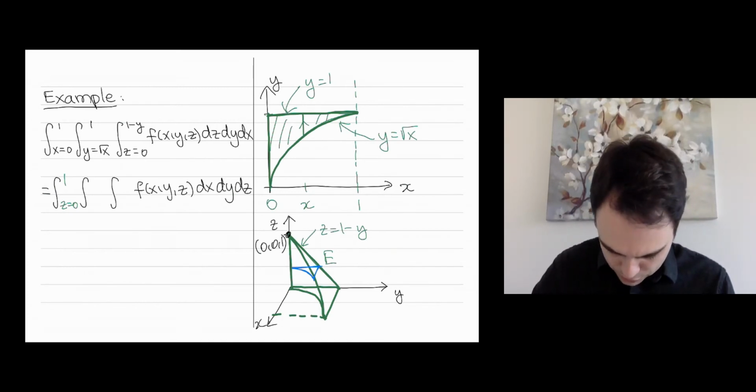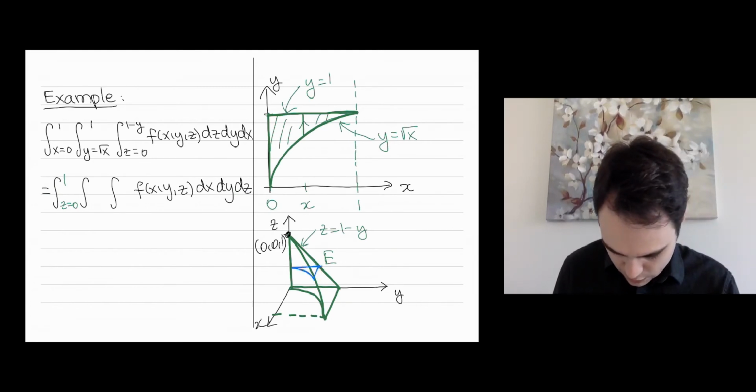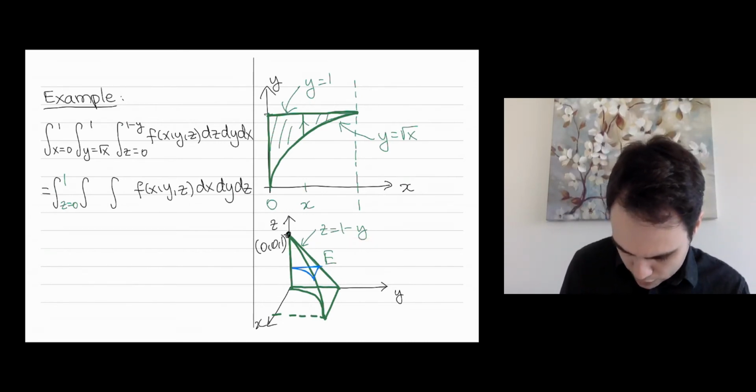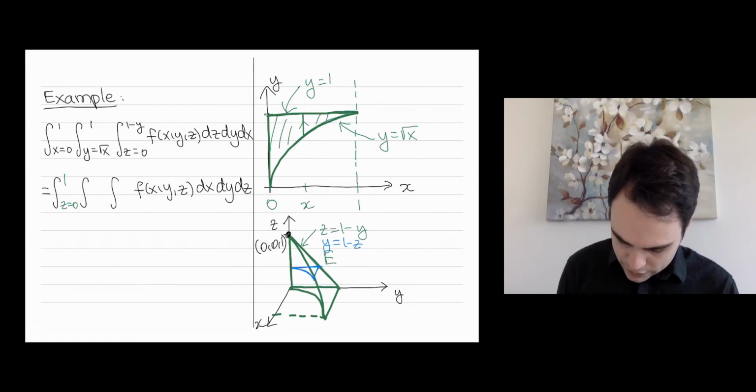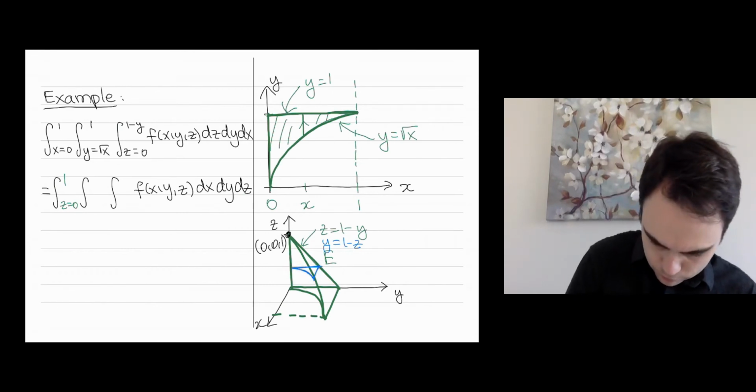For the y integral, on this slice, y starts at 0 and stops here, where y is given by the z value. Let me just rewrite this equation in terms of z. If I move y to the other side and z to the other side, I get the same equation, but with the variables flipped. So y is equal to 1 minus z here. So y starts at 0 and stops at 1 minus z.